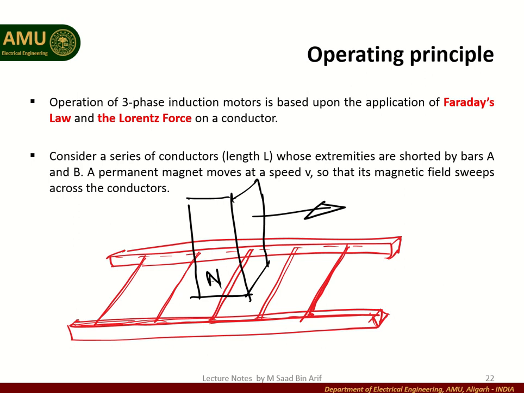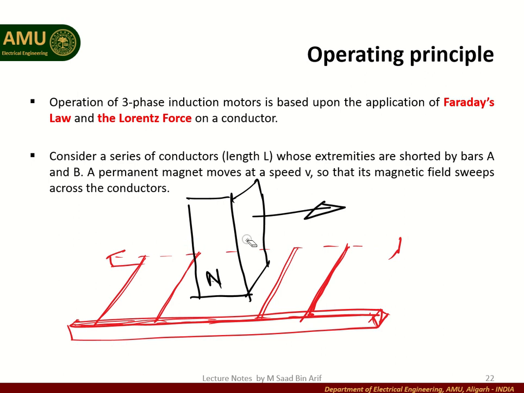Okay, let me complete the diagram like this. Now this magnet is basically moving in this direction with the velocity v, so that its magnetic field sweeps across the conductors.